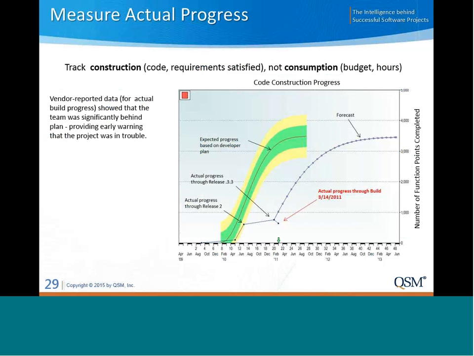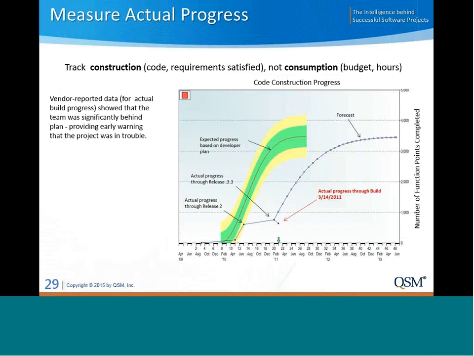So this first one is from one of our case studies. Product construction on this mission-critical system kept falling further and further off track. And every time we tried to give the vendor the benefit of the doubt as far as how much progress had been made. So in other words, if there was any doubt, we gave them more credit versus less credit for actual product construction.